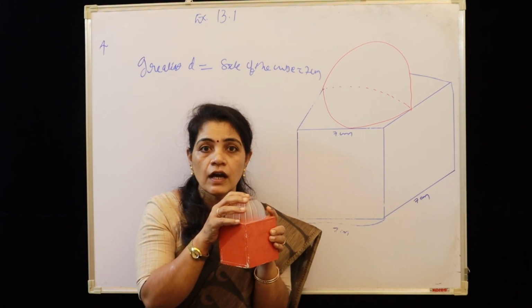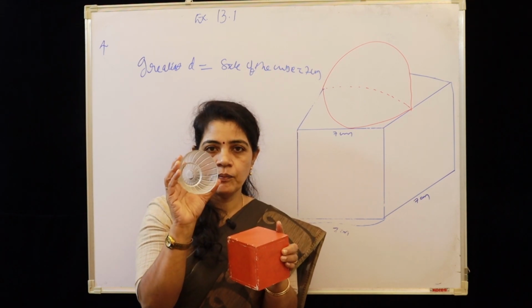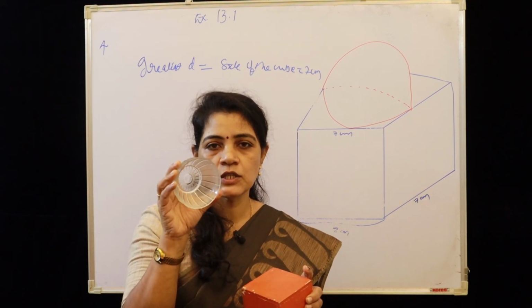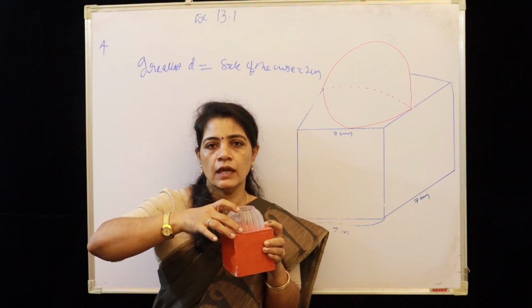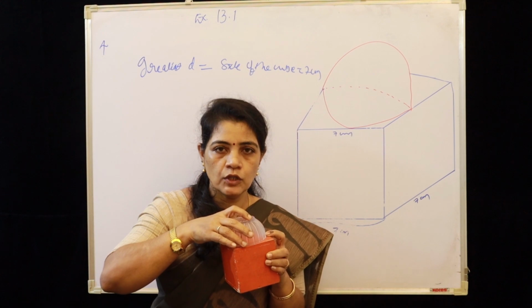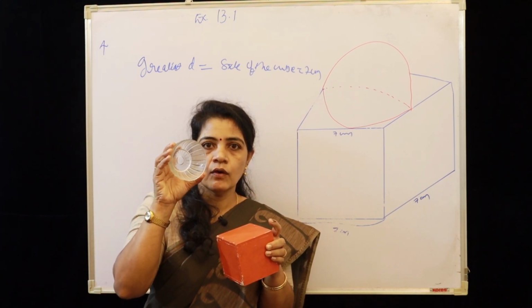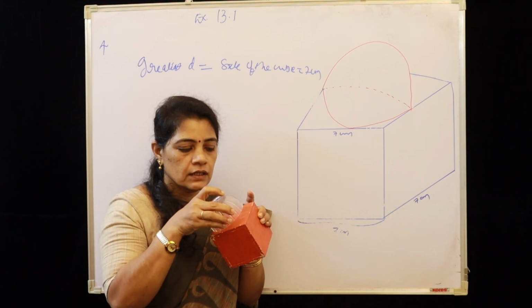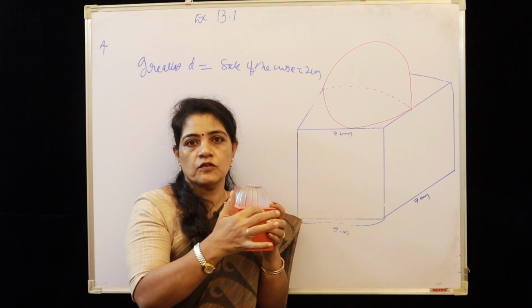Here we have to be very careful. When you are keeping this hemisphere over the topmost face of the cube, the area which is equal to the base area of the hemisphere is covered from the topmost face.